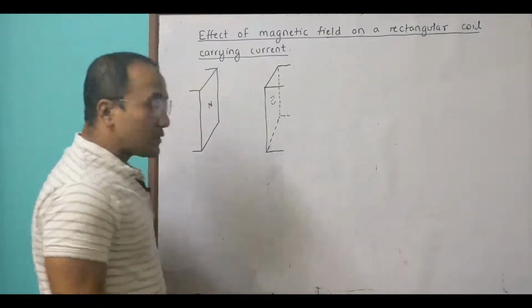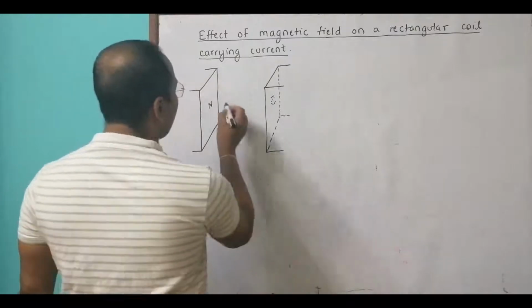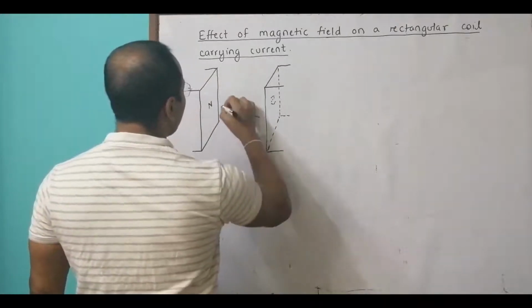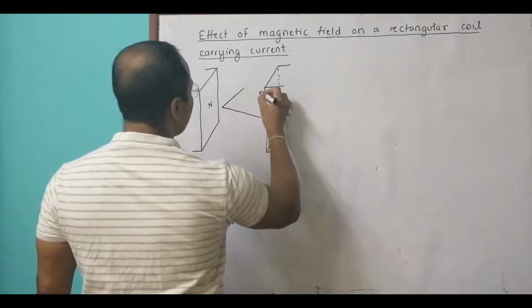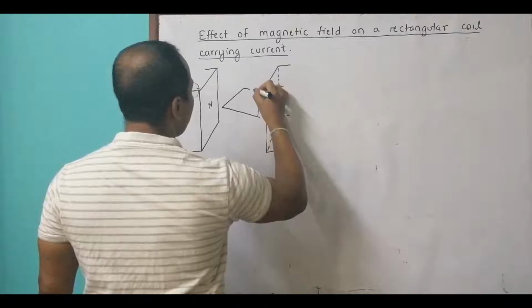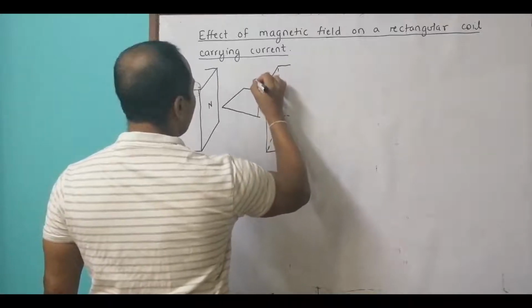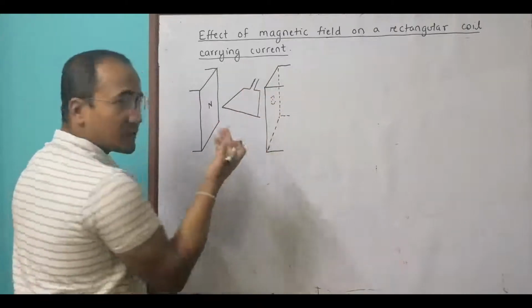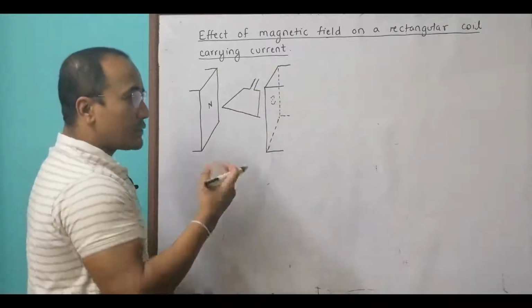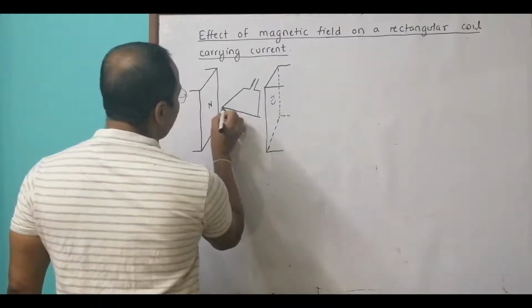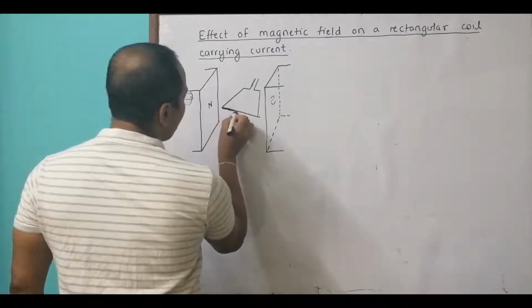Now I draw the coil somewhat in this way. The coil is slightly slanted like this, and then the wire like this. This portion is towards us, so it will appear a bit thicker and longer as well. Let me make it bold like this.